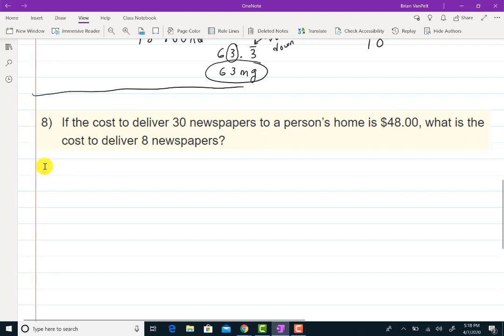Right here we have 30 newspapers cost $48, and they want to know how much 8 newspapers are.